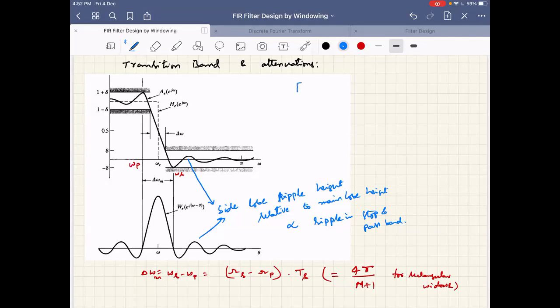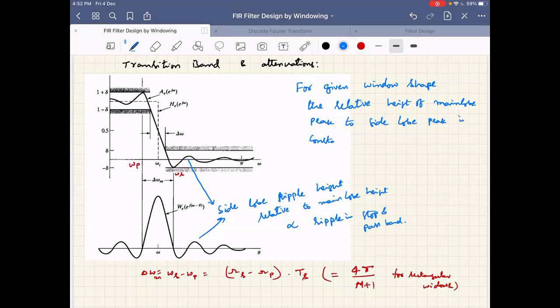So for a given window, the relative height of the main lobe peak to side lobe is constant.